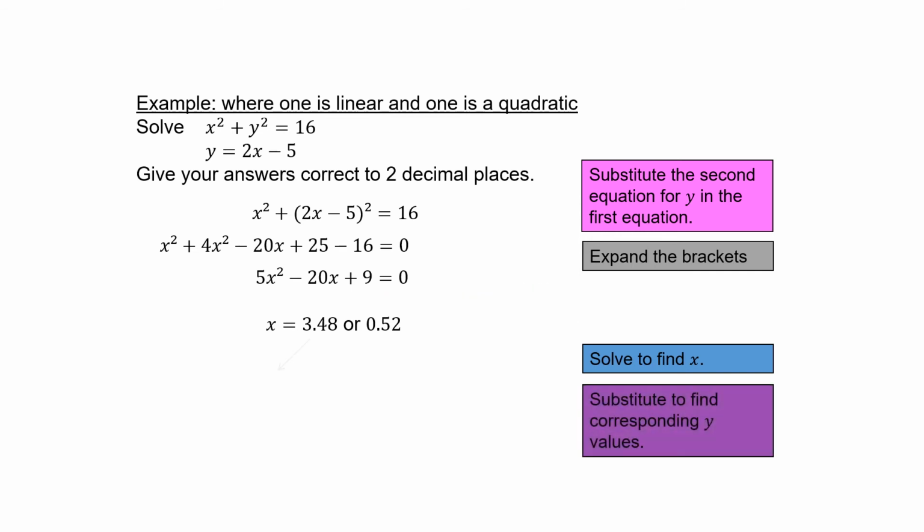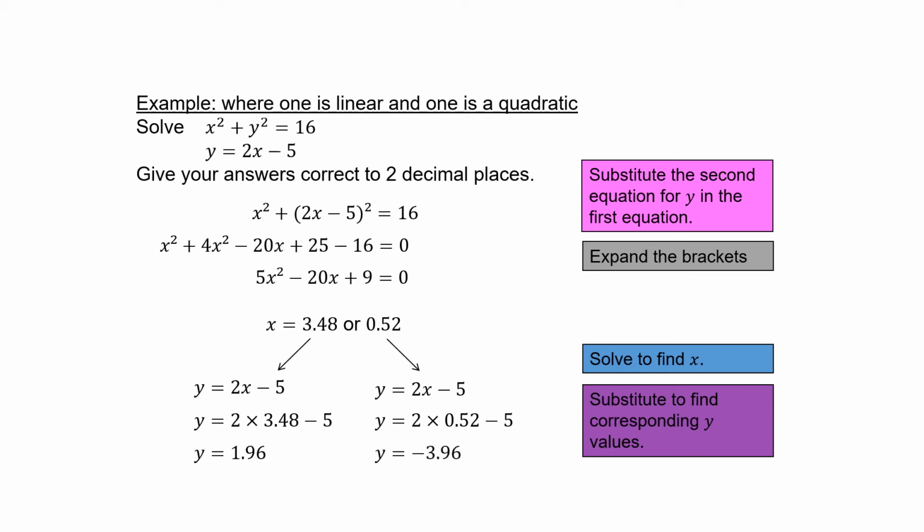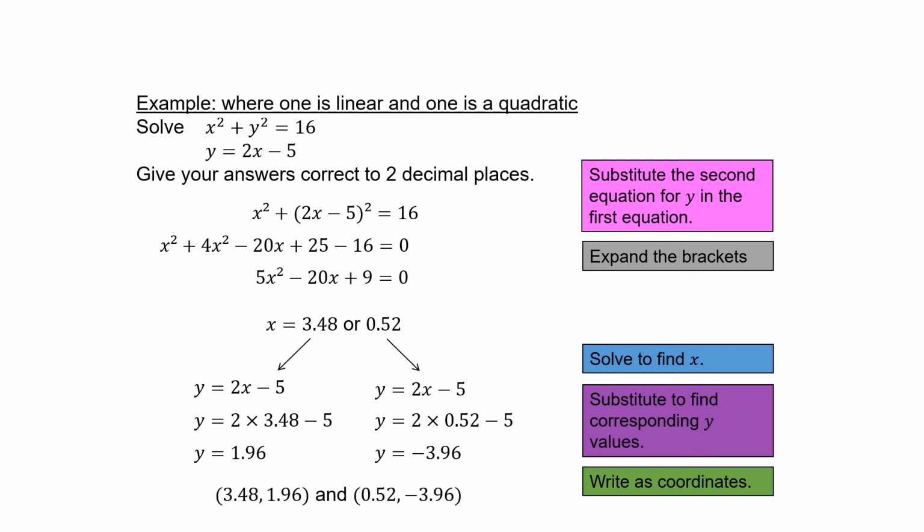We find that y, when substituted, will be 1.96, and for x equals 0.52, y will be negative 3.96. So our coordinates will be (3.48, 1.96) and the other point will be (0.52, negative 3.96).